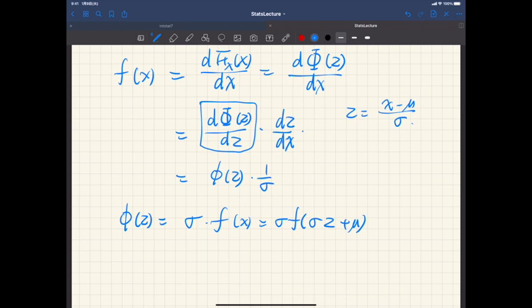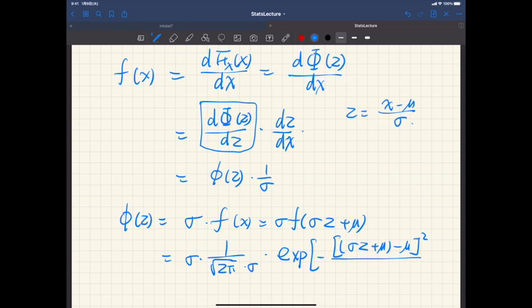So that is 1 over sigma square root of 2 pi, exponential of sigma z plus mu minus mu squared over 2 sigma squared.